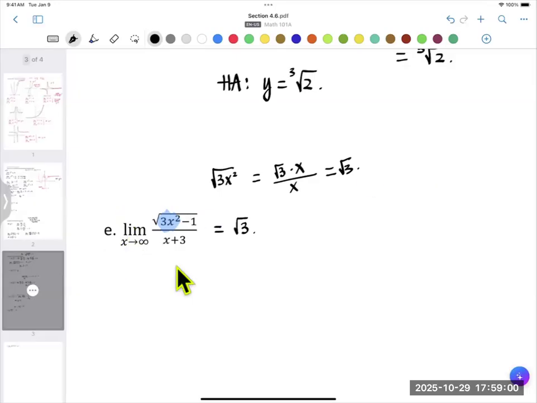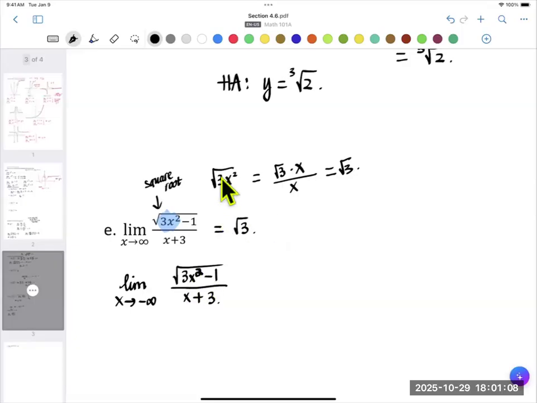However, be careful on this type of problem when you have the square root, okay? When you have a square root, then you will have to consider when x is approaching negative infinity. That's going to be something different, right? Square root of (3x squared minus 1) over (x plus 3). Okay, so if that is negative infinity, then that's going to be different, because when you put in the negative infinity and you have the square, then it's going to become positive.